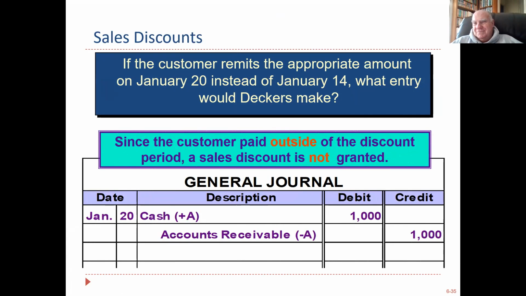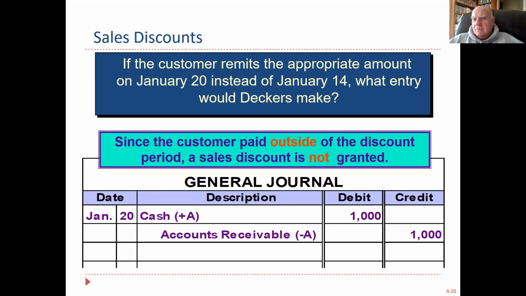Okay. Now, in the real world, be very careful of going after customers who take a discount early, because you can do more damage in your relationship by chasing people down like this. My example is this. You have a very good customer who's been buying from you regularly for years.